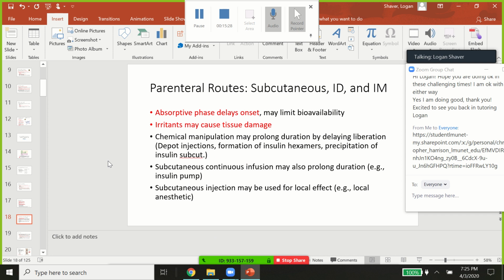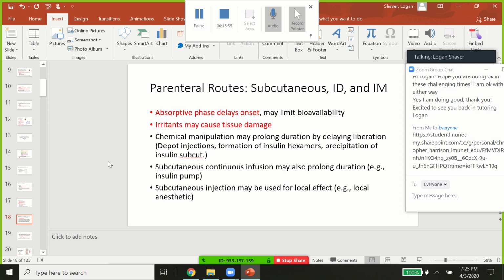Then you have the other routes, subcutaneous, ID and IM, and they have an absorptive phase. The absorptive phase delays the onset of these, especially when you think about subcutaneous, that totally makes sense. Or IM, it has to go through the skin and do these other steps that IV doesn't have to do, so that absorptive phase takes just a little longer.